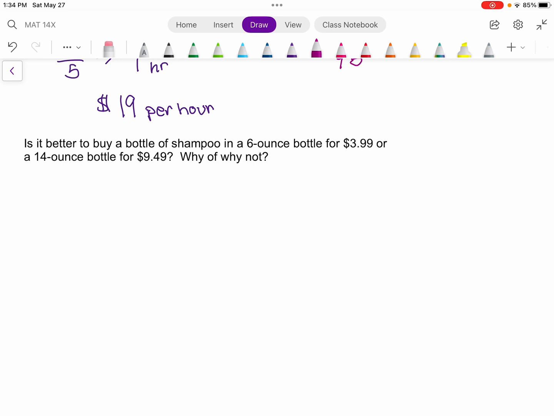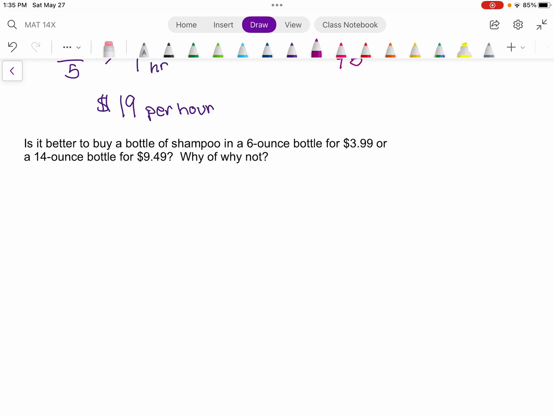I sometimes compare those unit rates to think about what's going to be the bigger deal. This is a calculation that you can quickly do on your own. You have to decide, would you rather do dollars per ounce or ounces per dollar? When I'm looking for a better deal, I do the amount of money it costs per one of the weight measure.